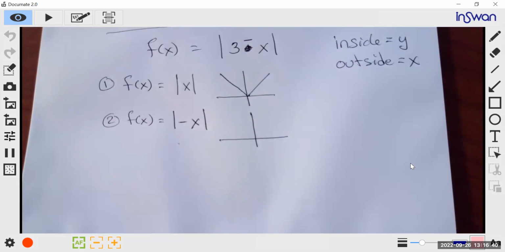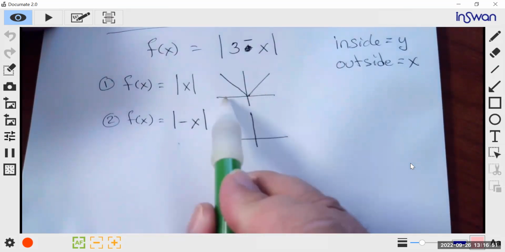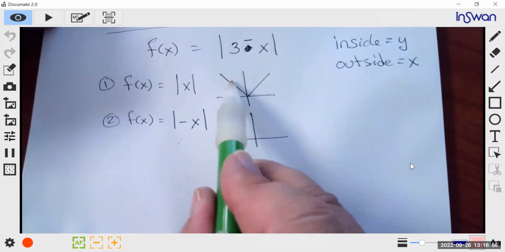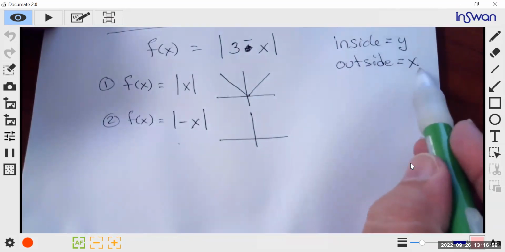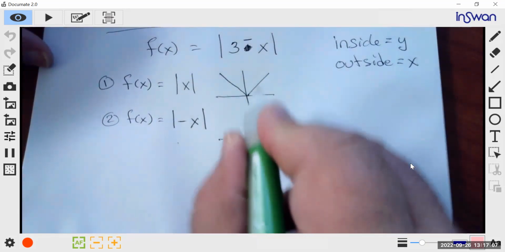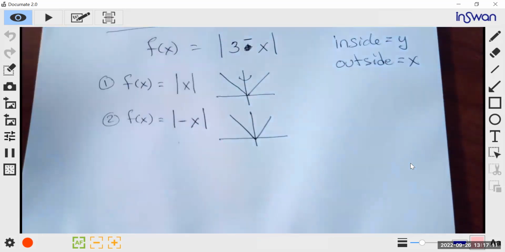If the change of sign is inside, you flip across the Y-axis. Look what happens here. If it's inside, that means the X changes from positive to negative X. So it goes horizontally, which means it flips across the Y-axis. If it's outside, it flips across the X-axis because the Y values change from positive to negative. So this thing flips across the Y-axis, so nothing happens. It looks the same.